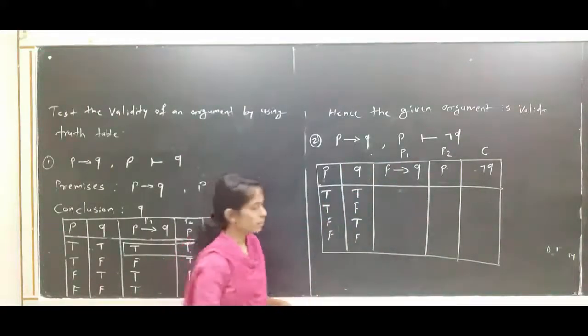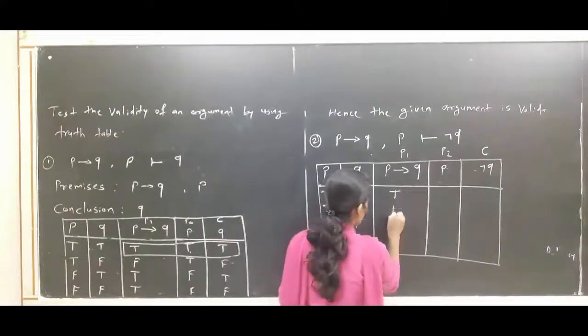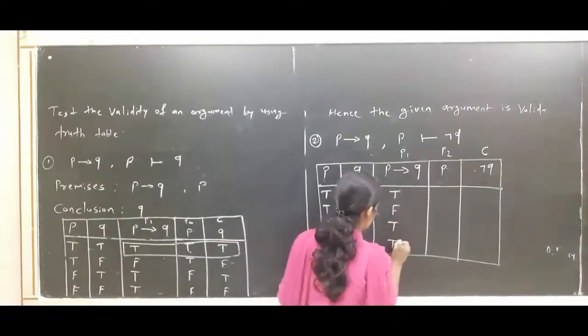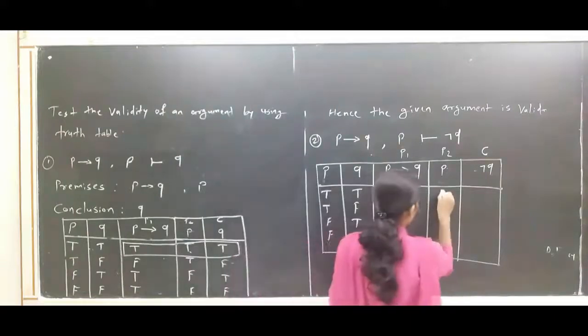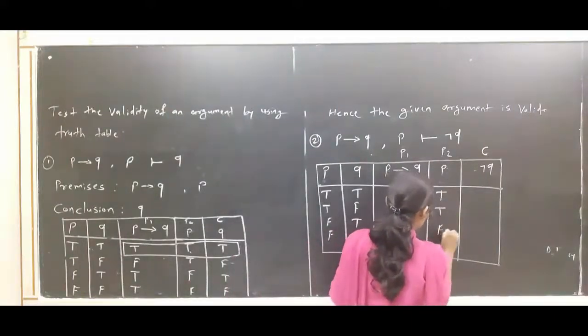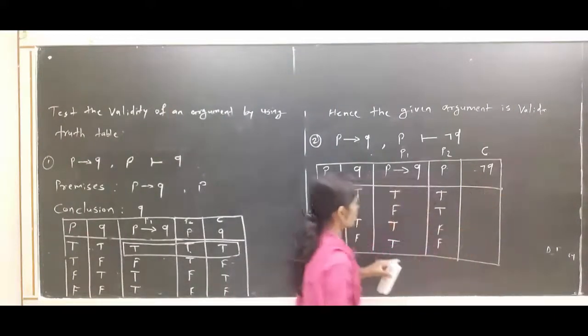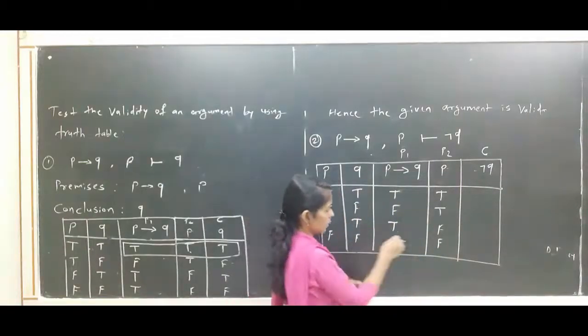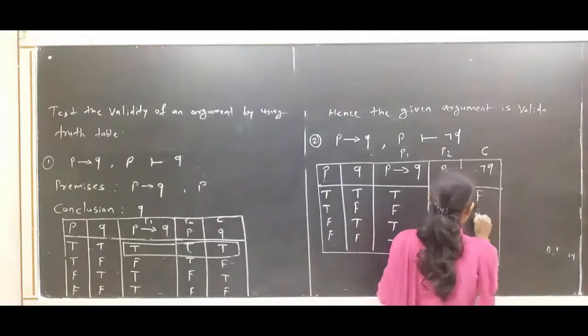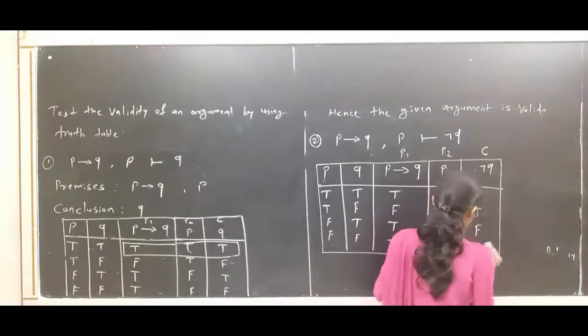Otherwise, all are true. So here we get true, false, true, true. Now we rewrite the column P as it is here: T, T, F, F. Now negation of Q: F, T, F, T.